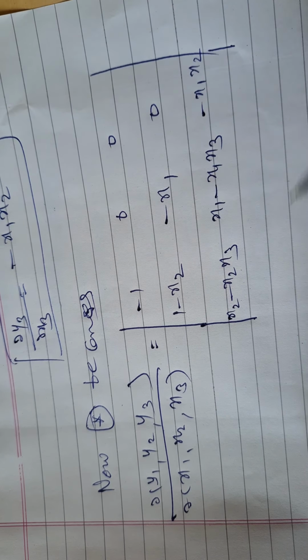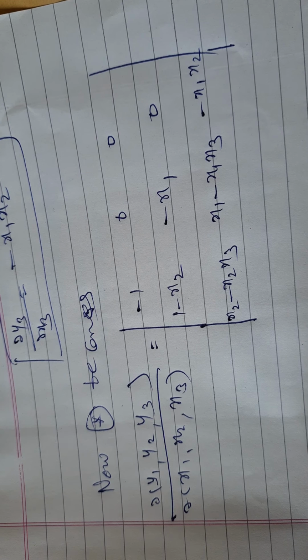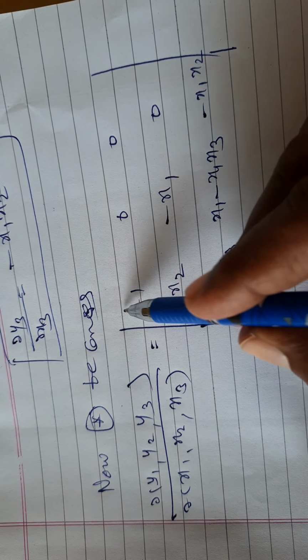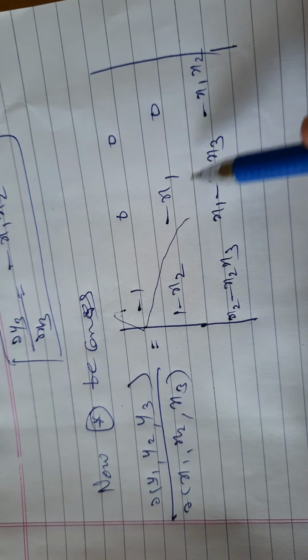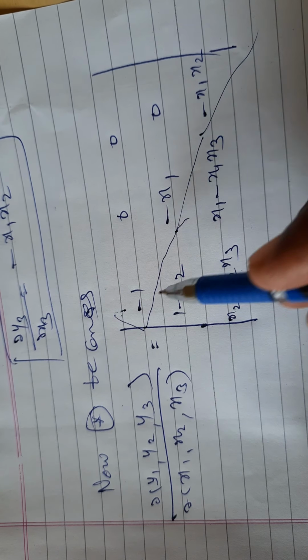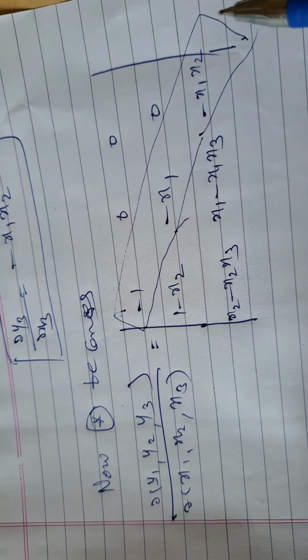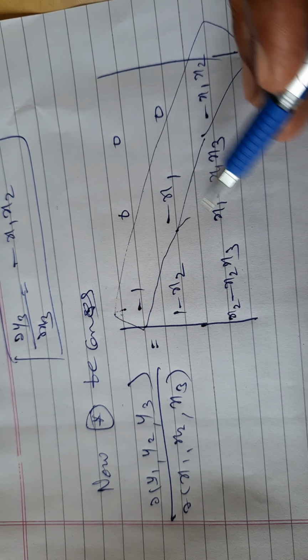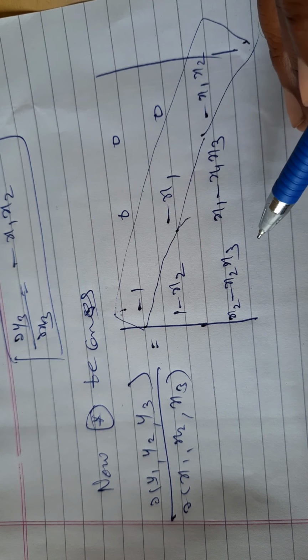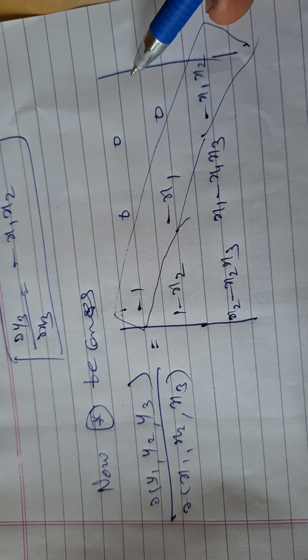And now expand this determinant to get its value. This is a lower triangular matrix: below the diagonal the entries are non-zero and above the diagonal all are zero.